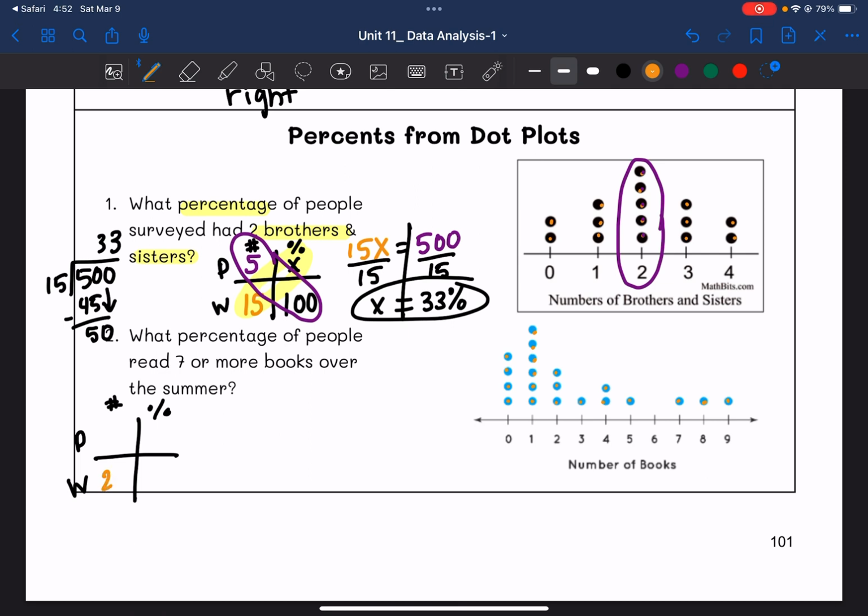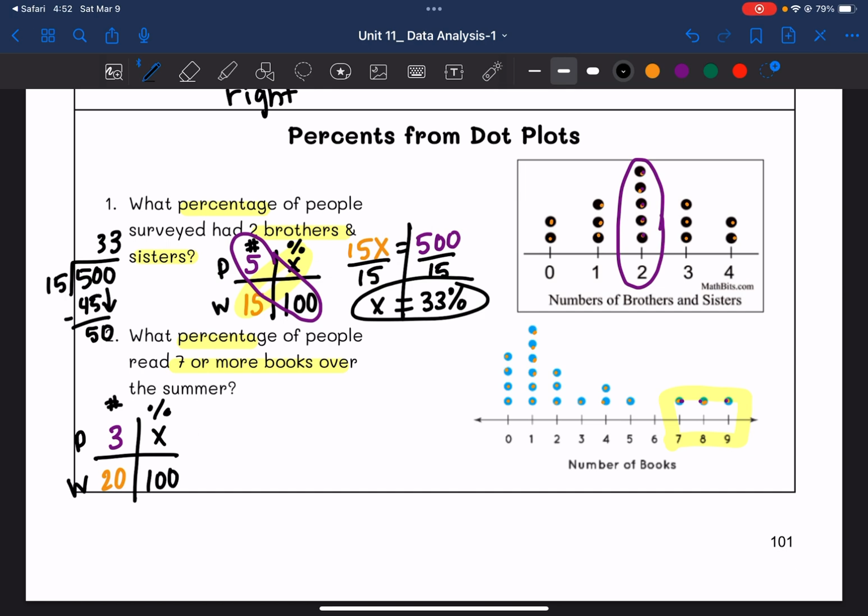So 20 goes here, and it's asking us to find the percentage of people that read 7 or more books. So all that is this part right here. There is 1, 2, 3 people that read 7 or more books, we are trying to find the percent out of 100.